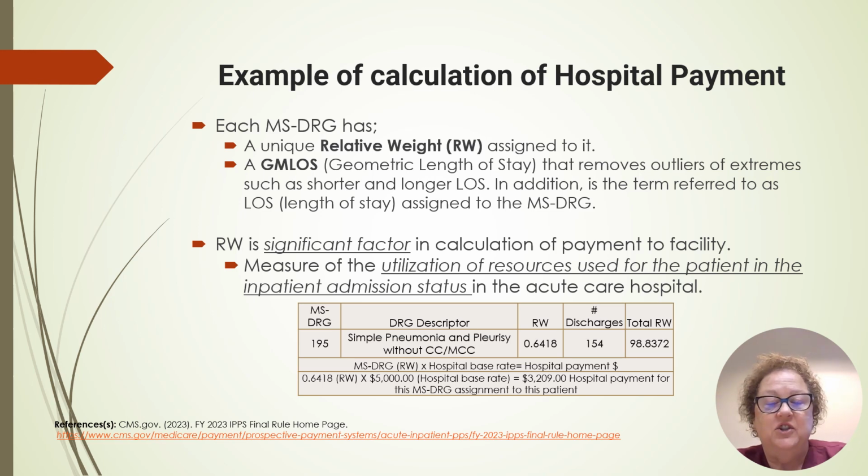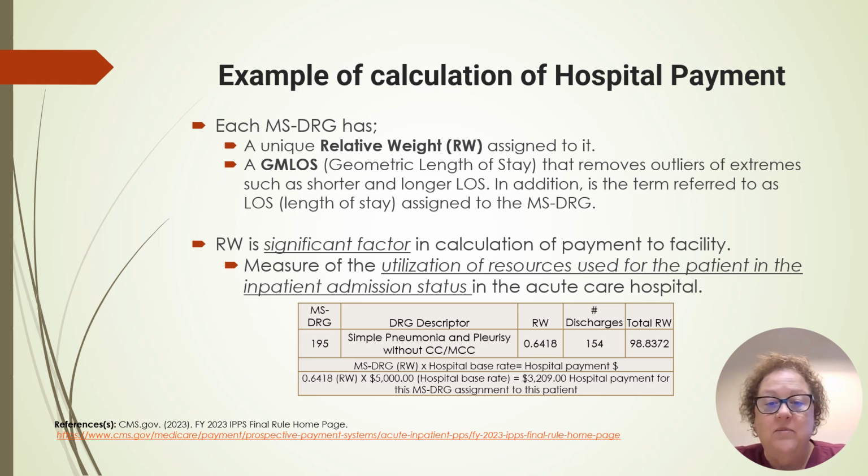Again, I'm just going to show you a brief example at the bottom of the slide where you're able to see how a hospital payment is calculated. So let's say there's an MS-DRG assignment of 195 for simple pneumonia with pleurisy and without a complicating condition or major complicating condition. It has a relative weight of 0.6418, and the number of discharges for this patient population is 154.